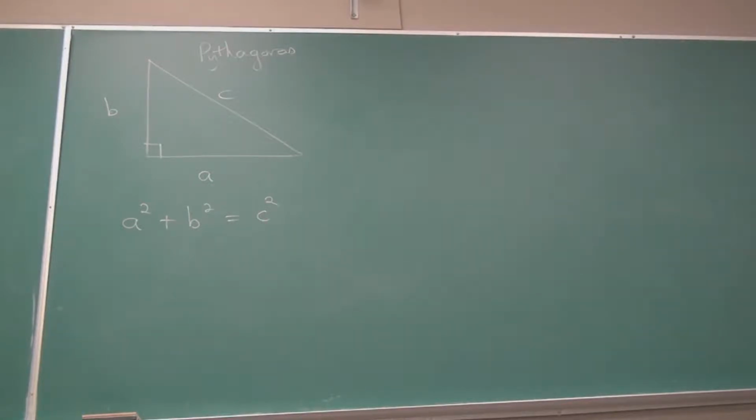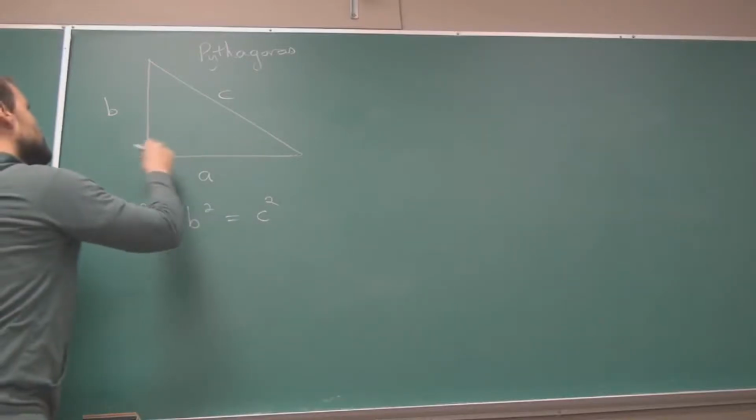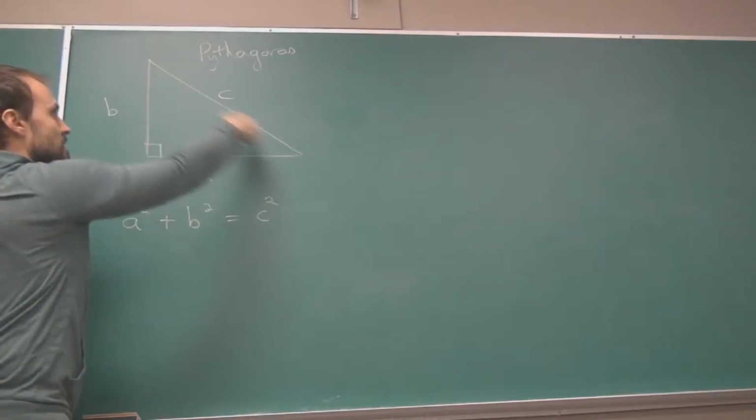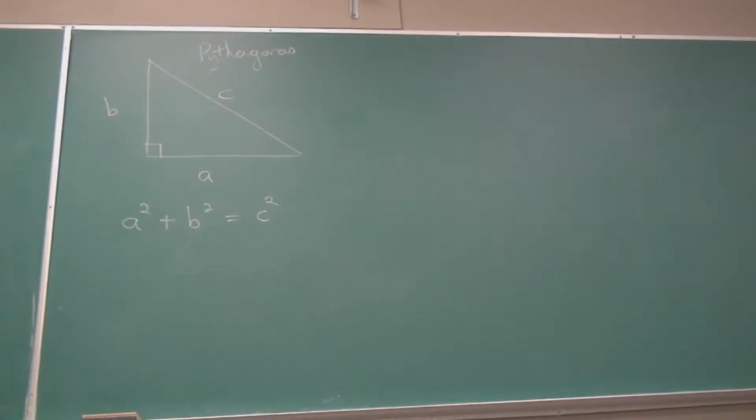And even the Egyptians, when they built the pyramids, knew about this. They didn't know about it in general, but they made a rope with knots, 3 and 4 knots, and the side there, the hypotenuse, is 5 knots. And they used that to build the pyramids, among many other things, of course.